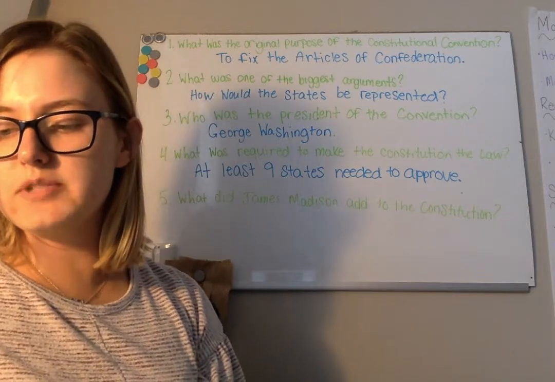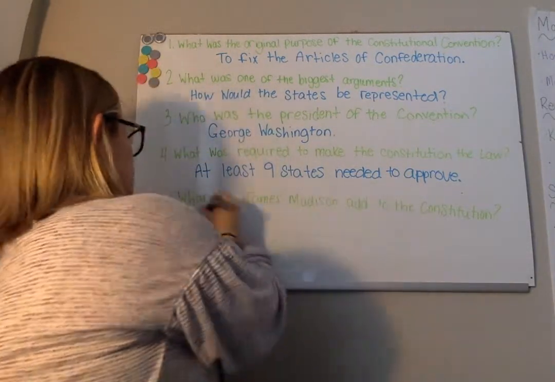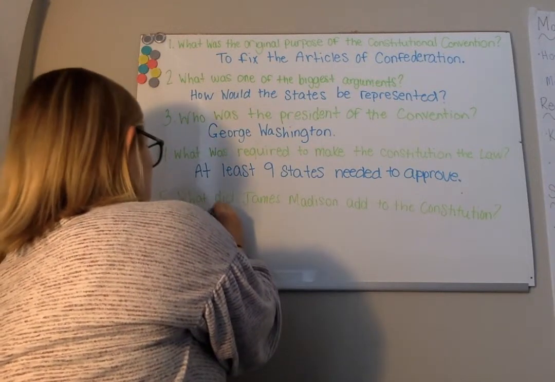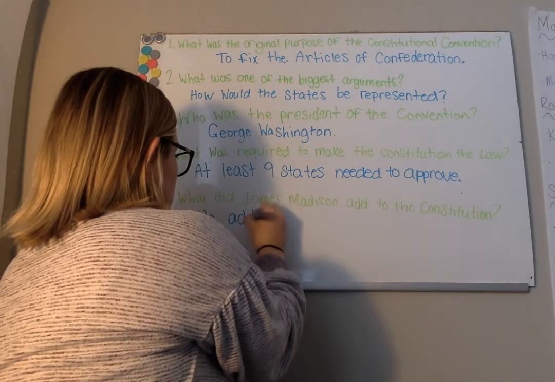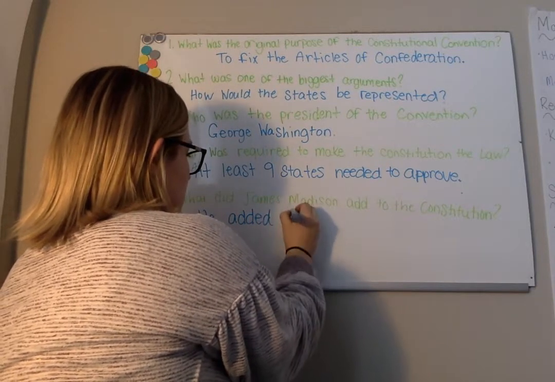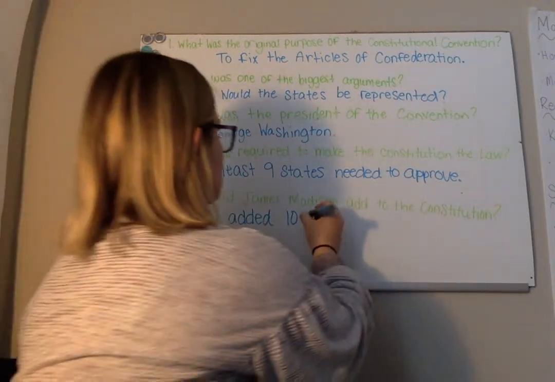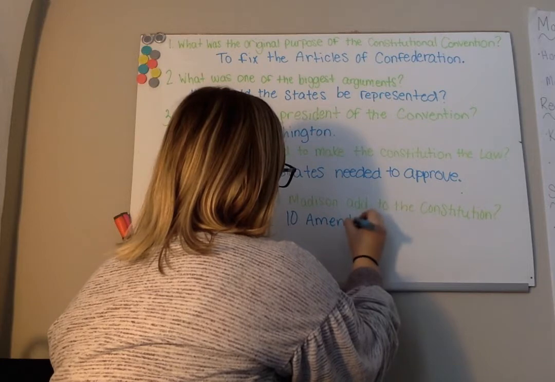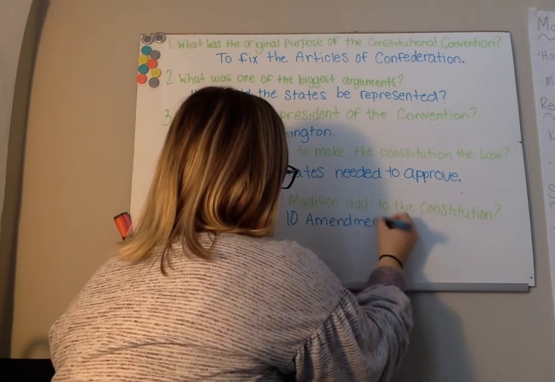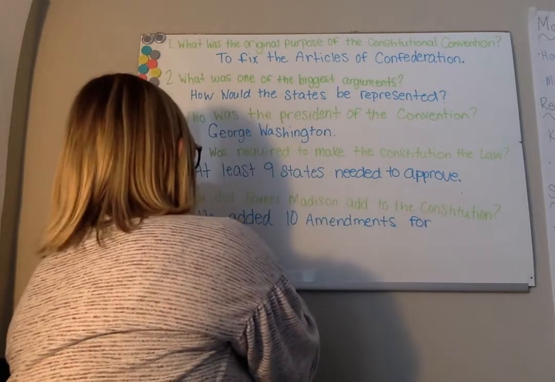So James Madison added to the Constitution, he added 10 rights or amendments for individual rights.